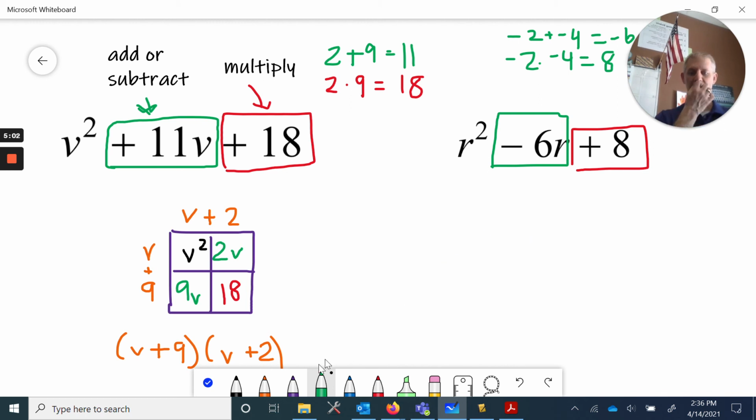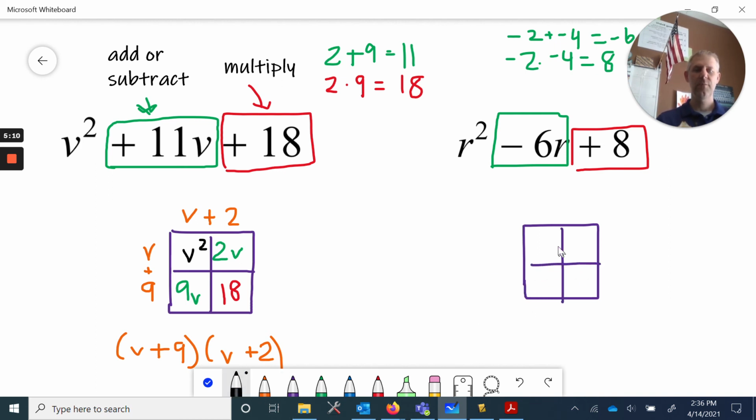Okay, so when I put this into the square here, same kind of process. R squared and 8 come from the expression. So there's my R squared, there's my 8, and now we're going to have negative 4R there, negative 2R there. Remember, these can switch places.